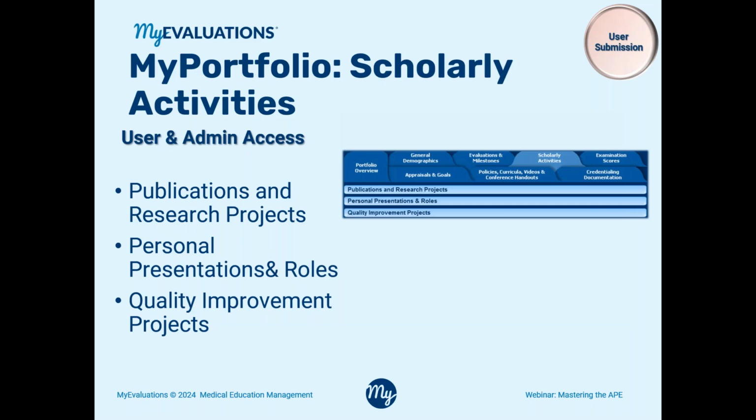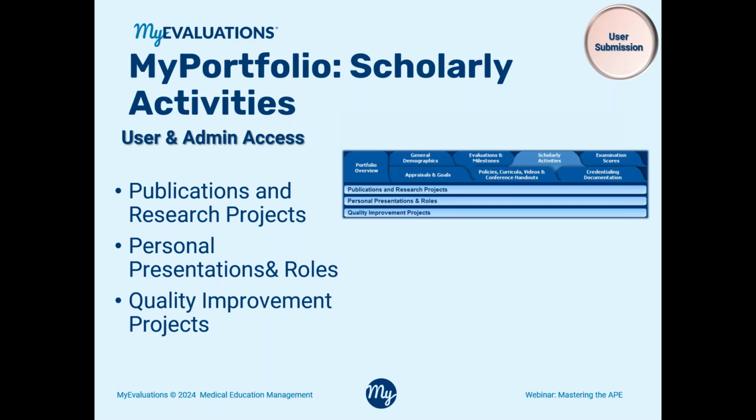The first section is for scholarly activities. Everything I'm showing you here, although it's categorized as a user submission section, it's available to both users and to administrators. That means any user and any administrator can do this.